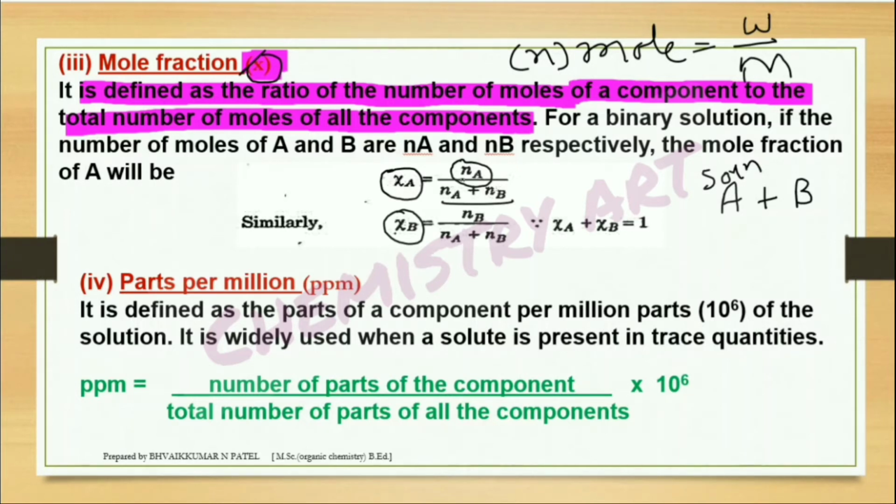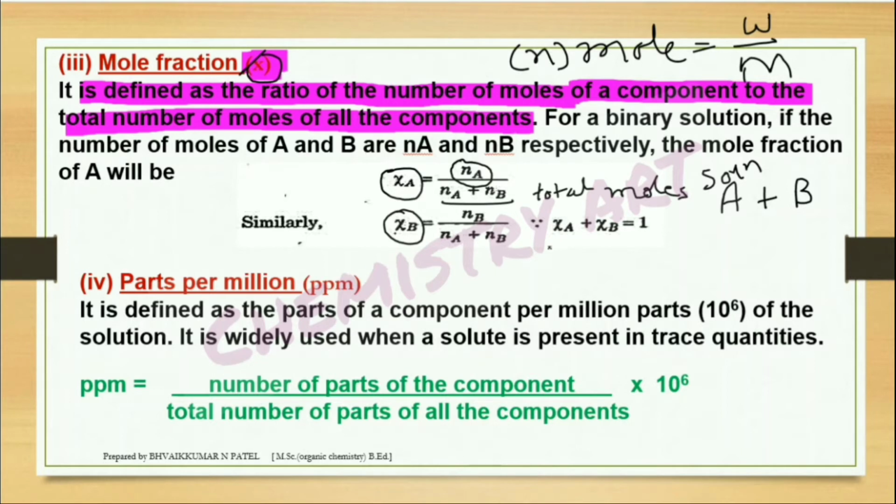So xa is equal to Na upon Na plus Nb, the total moles. Similarly, xb is equal to Nb upon Na plus Nb.